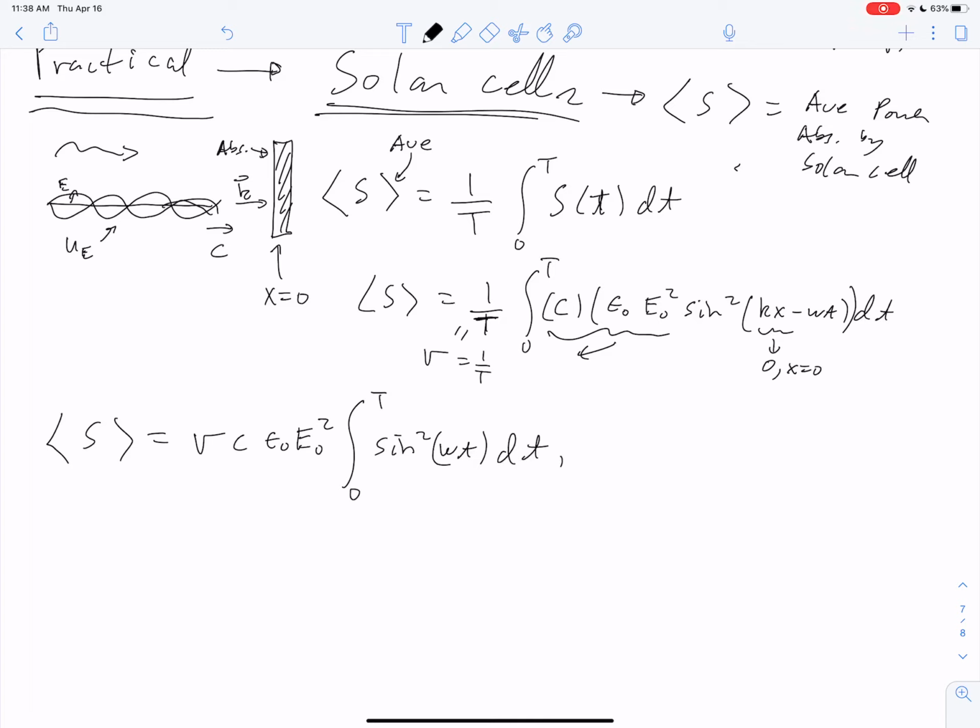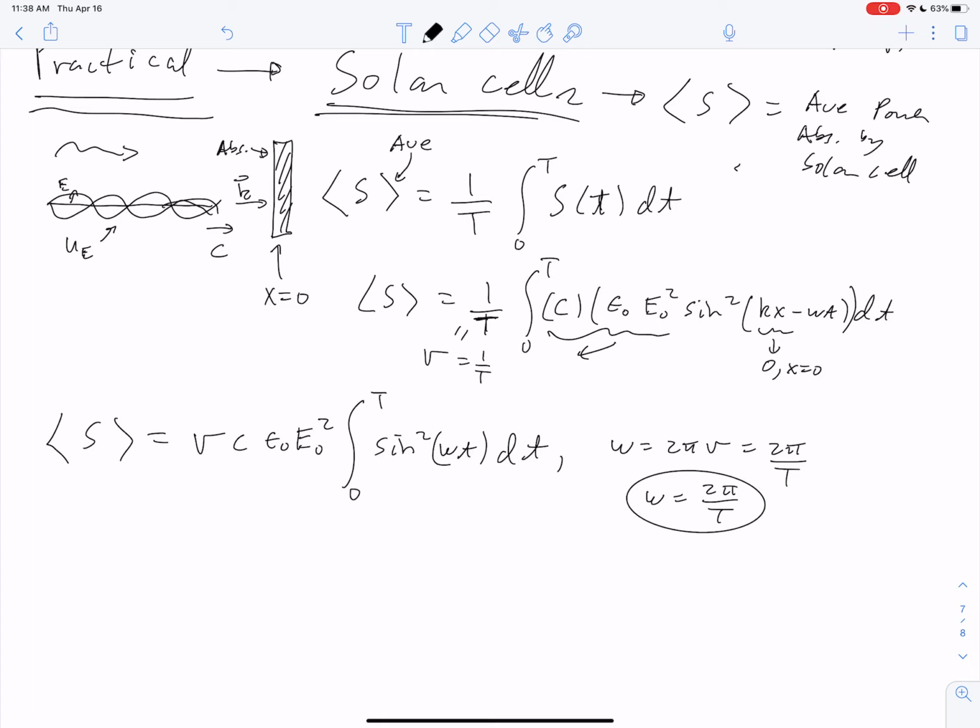Here T is related to the frequency, because omega is equal to 2 pi nu, and nu is 1 over T. So I have this relationship between frequency and period that you've all seen before.